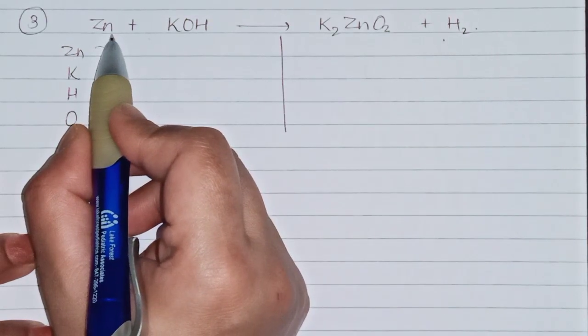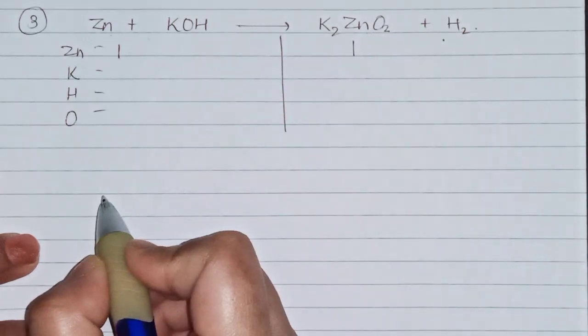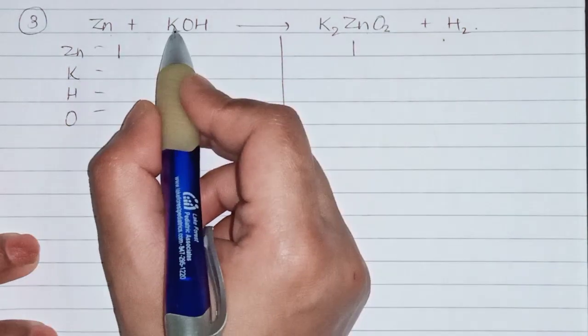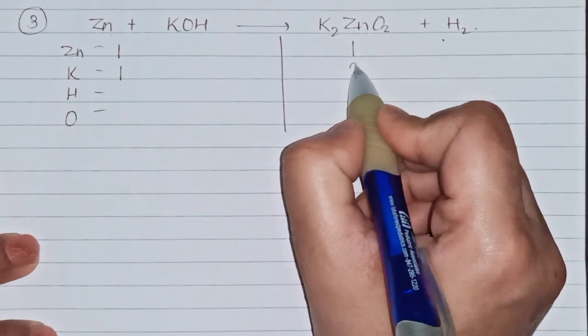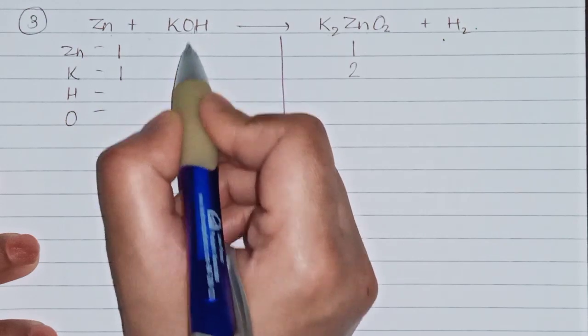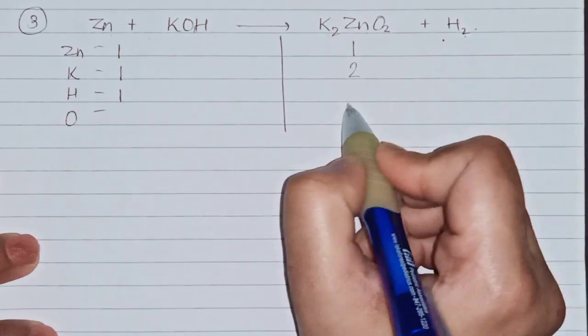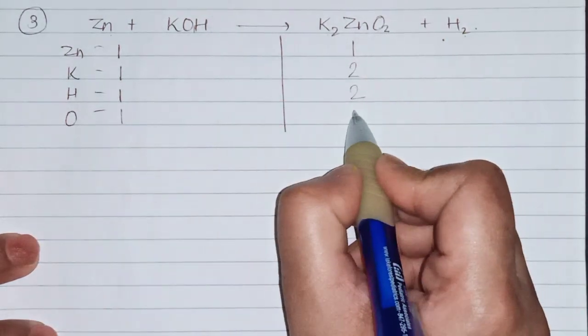Zinc here it is 1 only. So put 1 over here. Here it is also 1. So 1 over here. Potassium it is 1 over here. Put 1 here. And here it is 2. So put 2 here. Hydrogen it is 1 here. Hydrogen 1 and this side it is 2. Oxygen again 1 here and oxygen it is 2.